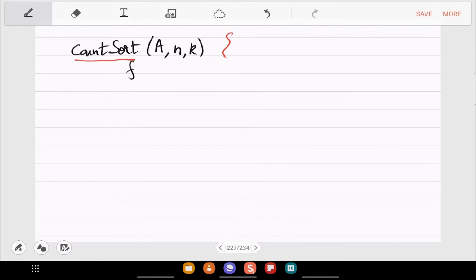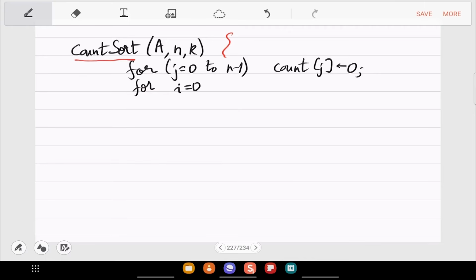So this is just a game of multiple for loops. So for j equal to 0 to n minus 1, you initialize count. Well, you compute count now.